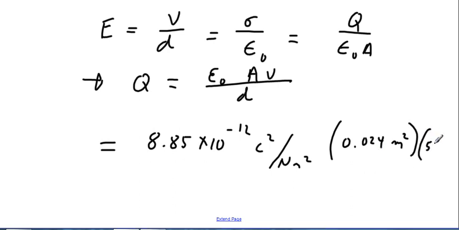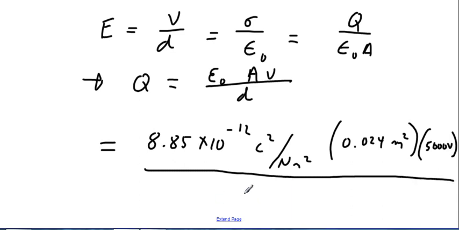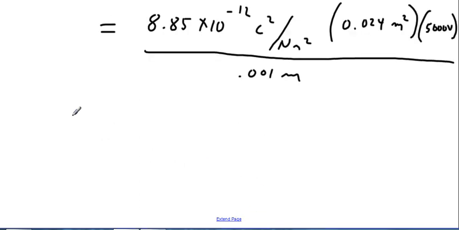Voltage 5,000 volts divided by the distance between the shoe and the carpet, 0.001 meter. And we come up with Q is going to be 1.1 times 10 to the minus 6 coulombs.